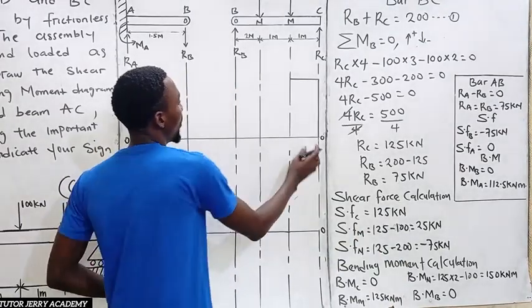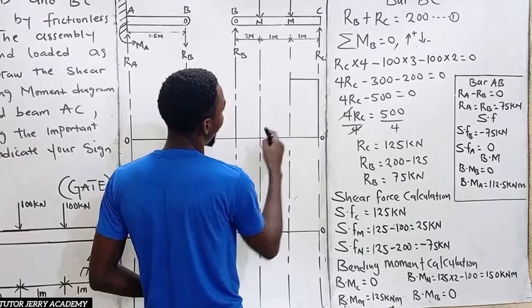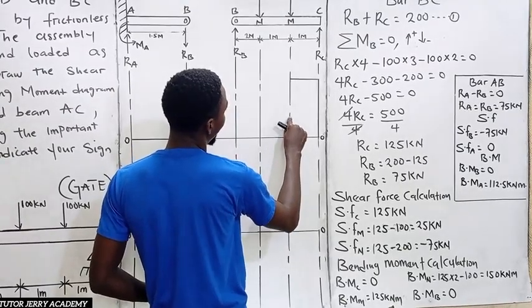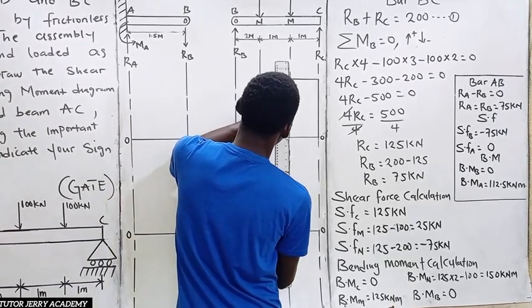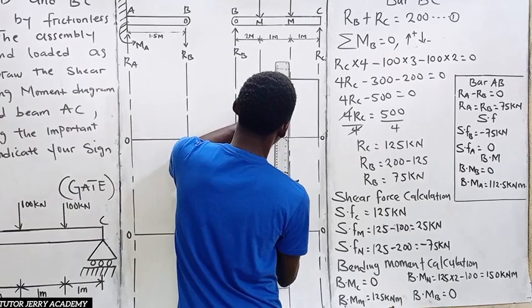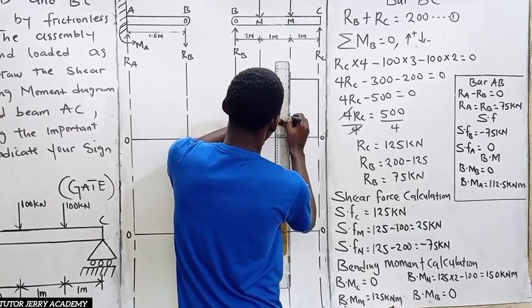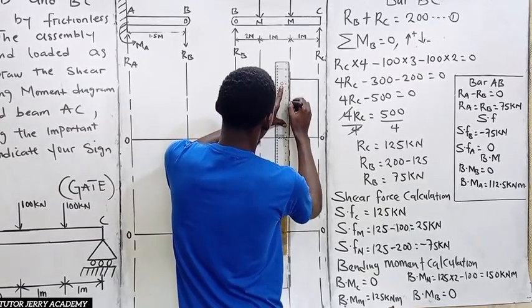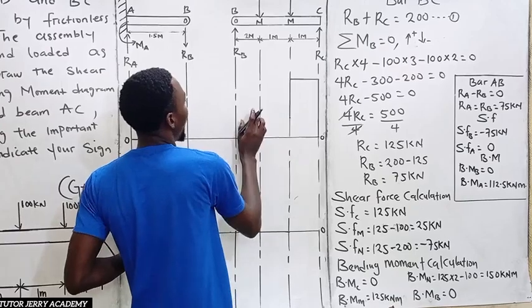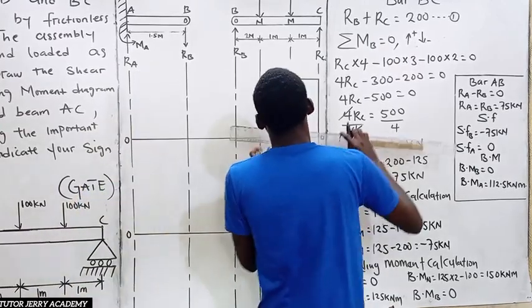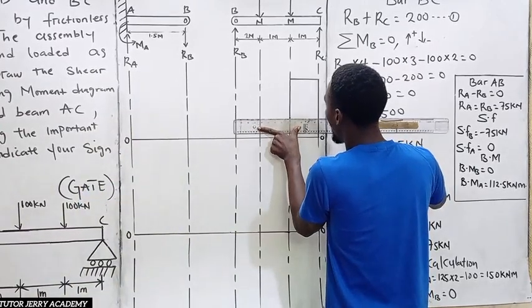If this whole length is 125, then our 25 is going to be somewhere around here. Between M and N, we don't have any force, so it's also going to be a constant.